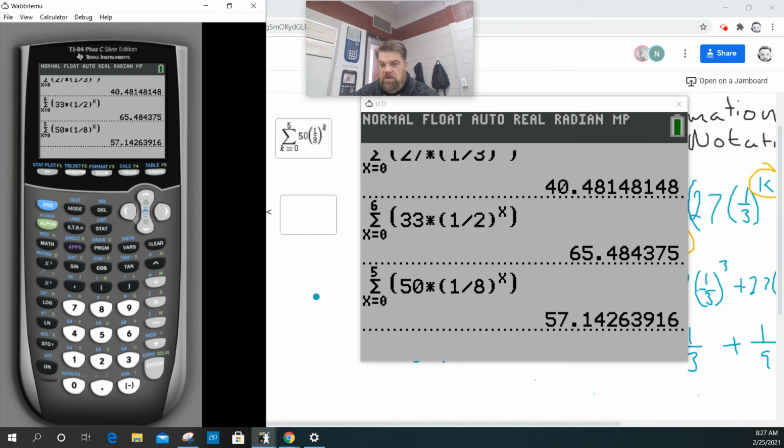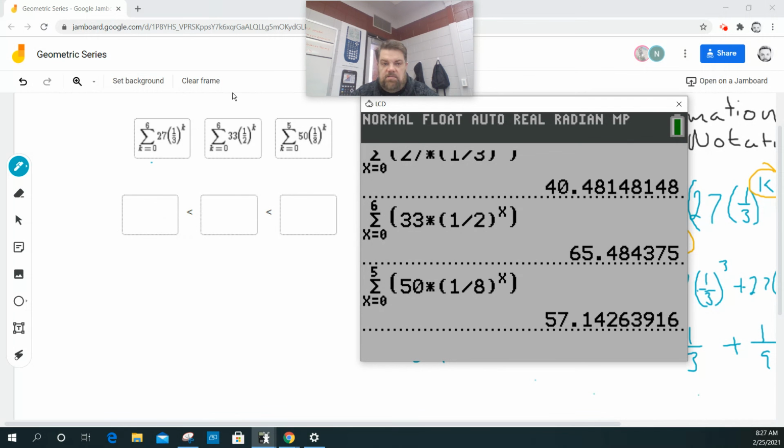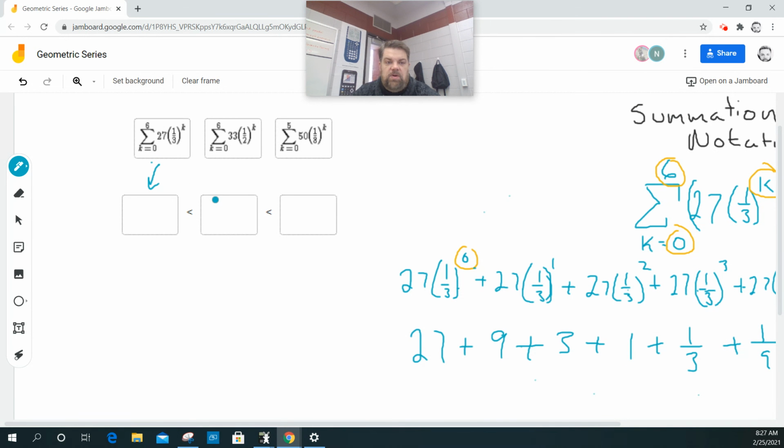So if it says to write these from lowest to highest, I would say that this one is the first one, then the second one is this one, and the last one is that one, if you were writing them in order.